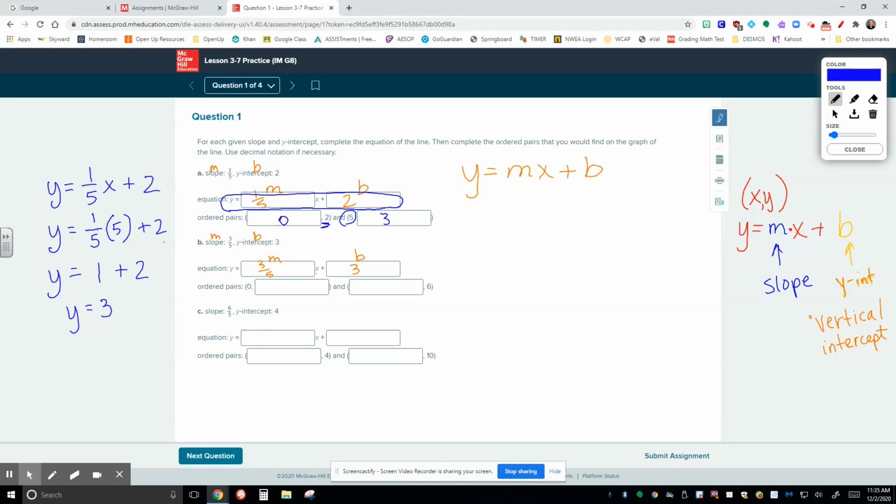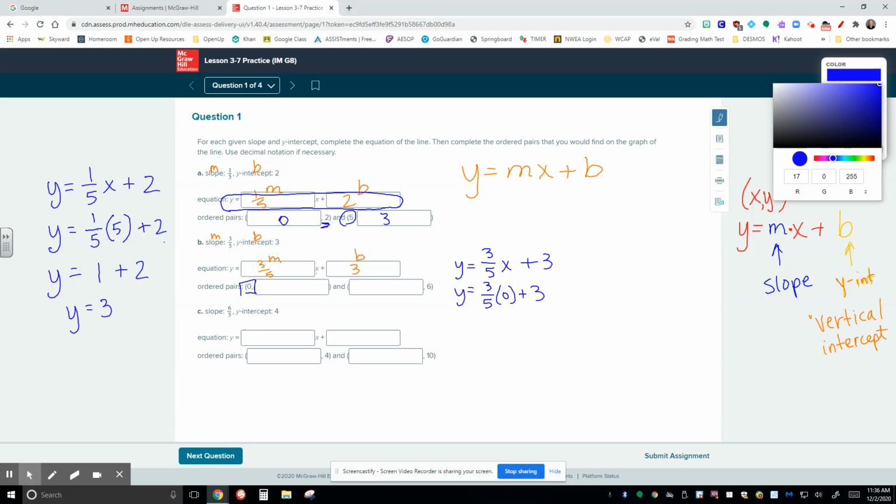Okay, so what would I do with these other ones over here with part B? Well, I use the equation y equals 3/5 of the x coordinate plus 3, and then I would use substitution. In the first part, I'll substitute this equation, y equals 3/5 of 0 plus 3.